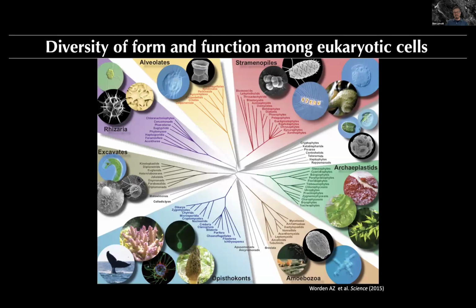Okay, so if like me, you're interested in general principles of cellular behavior, it can be a bit overwhelming to look at the incredible diversity of form and function among eukaryotic cells out in the world. So this is a tree of eukaryotes. Just to orient you, if you can see my cursor, animals are down here in this little corner. There's this challenge in finding common principles among all this complex diversity, but there's opportunity too.